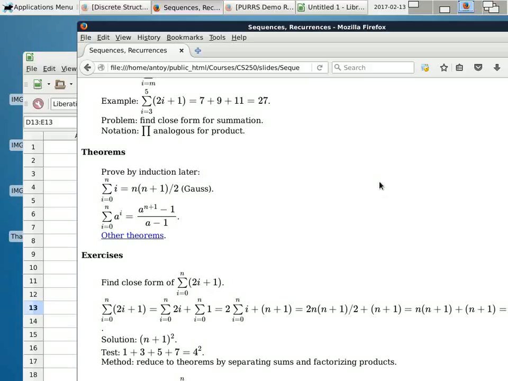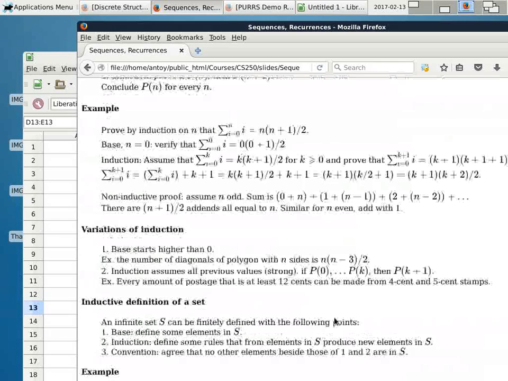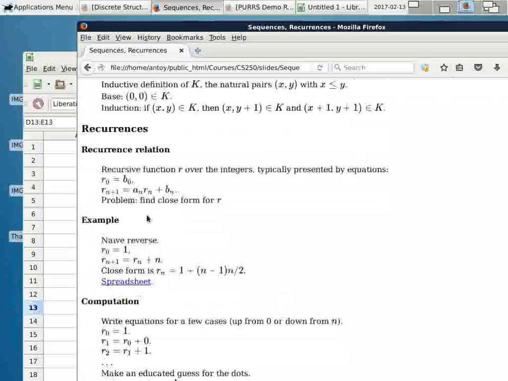One is called decrement and conquer, basically this kind here, where to define R sub n, you use R sub n minus 1. Like in this case, 1 is defined in terms of 0, 2 is defined in terms of 1, 100 is defined in terms of 99. This is called decrement and conquer.